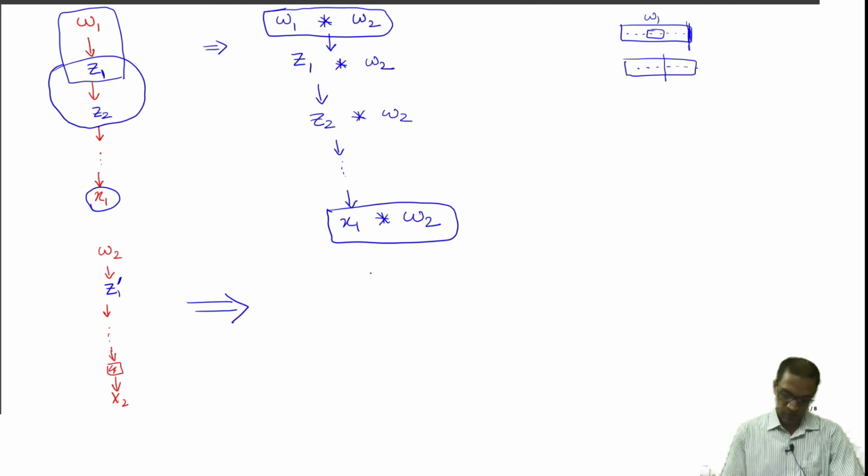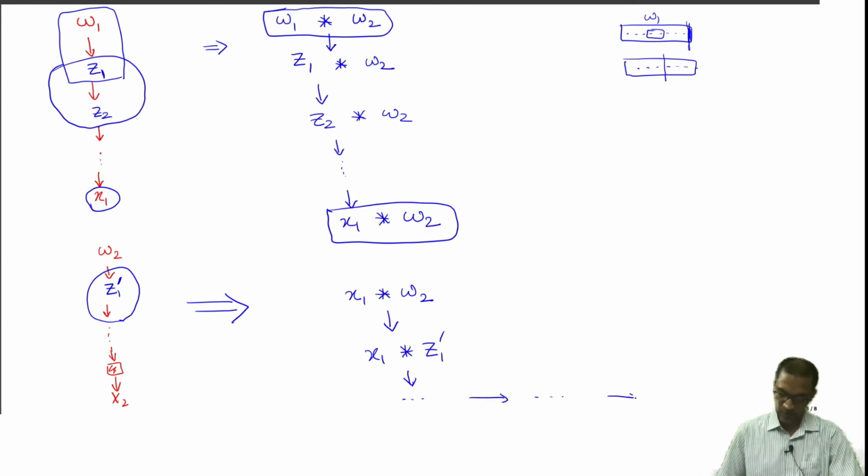Now what I do is concatenate x1 on the left of W2, and because I can go from W2 to Z1 dash, it also implies that I can go from x1 star W2 to x1 star Z1 dash in the same manner, and by the same logic as before. So I keep applying it to the next step of the chain and so on.